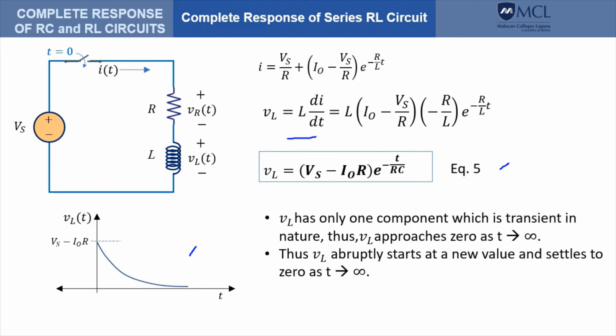And this voltage also abruptly changes from a 0 value before the switch is closed. It jumps to this value and it starts to decay after that and goes to 0 as time increases.